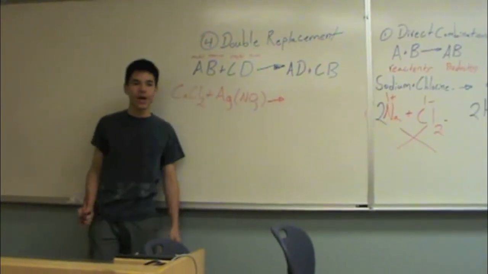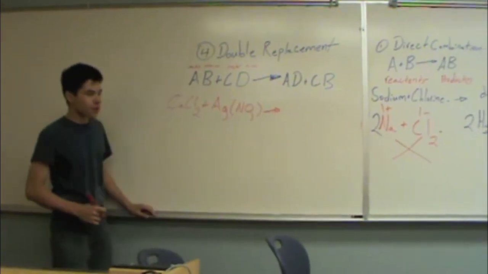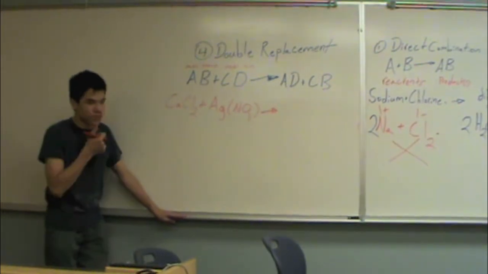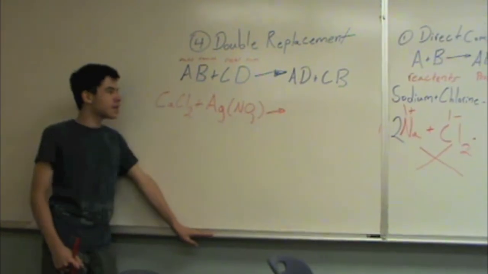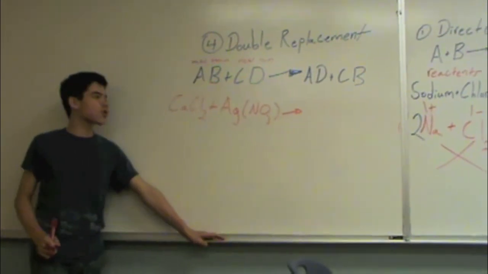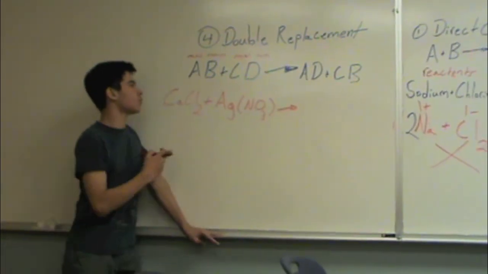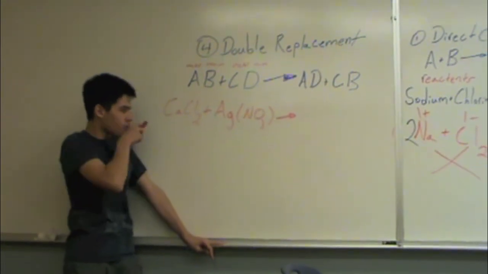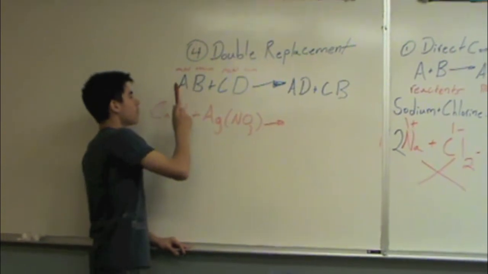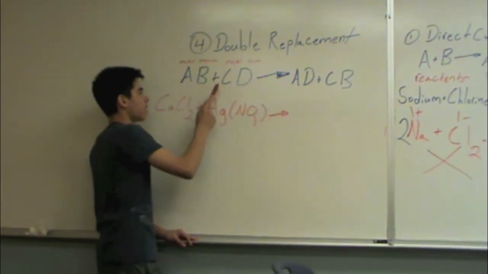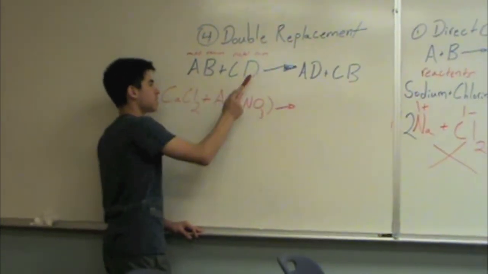Okay, so now we're going to consider double replacement or double displacement reactions. Now, a lot of people seem to be confused by it, even though it's really not that confusing. So let's consider the conceptual double replacement before we move on to actually doing a reaction. We have compound AB reacting with compound CD.